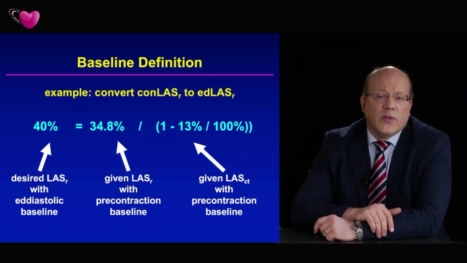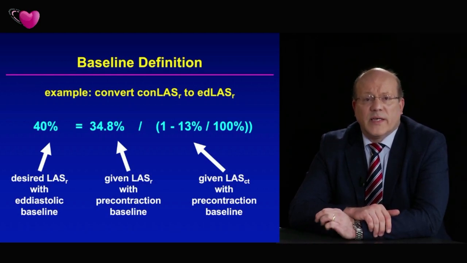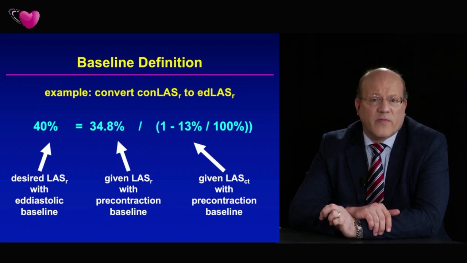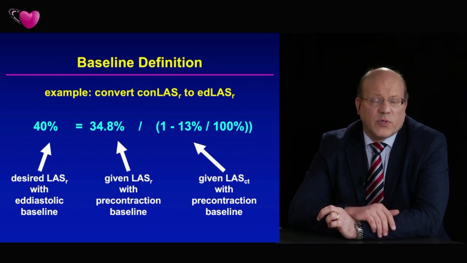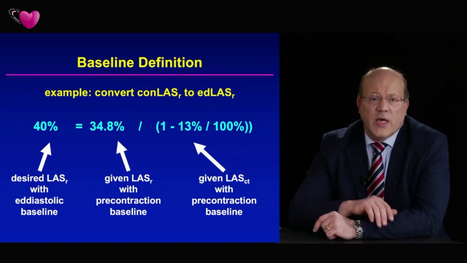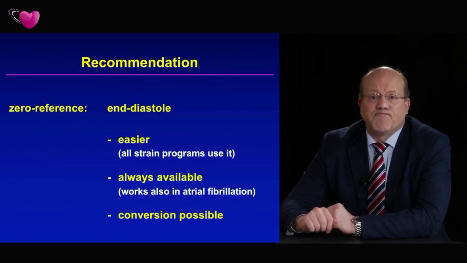Just to show you the numbers of this example, we would have measured in the pre-contraction baseline version something around 35% of strain with a contraction strain of 13%, and then we get 40% for the reservoir function if we want to know it with the baseline and diastole.